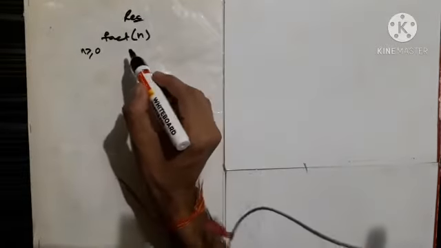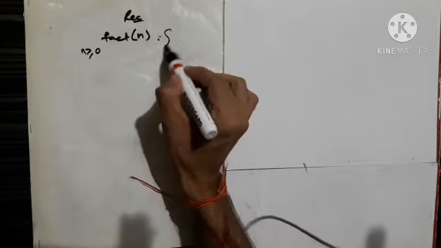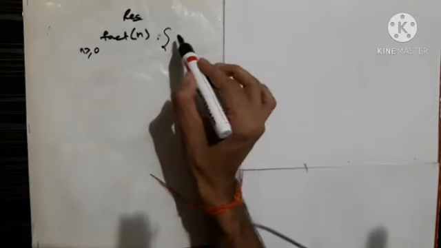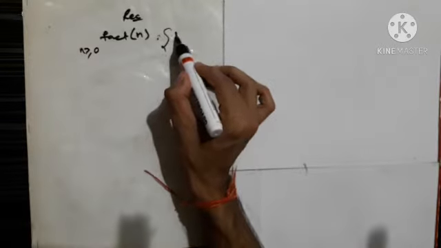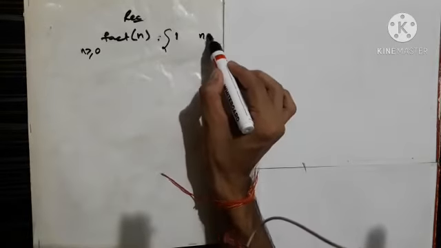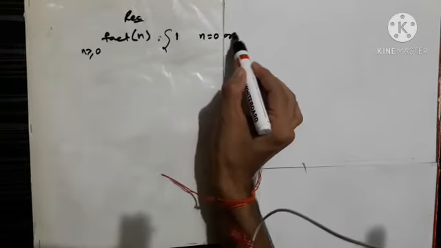Let me write the recursive relation that this will hold. I have to return 1 whenever my n becomes 0 or 1.